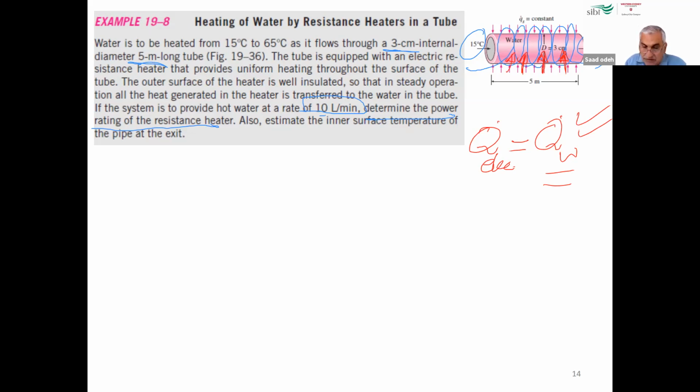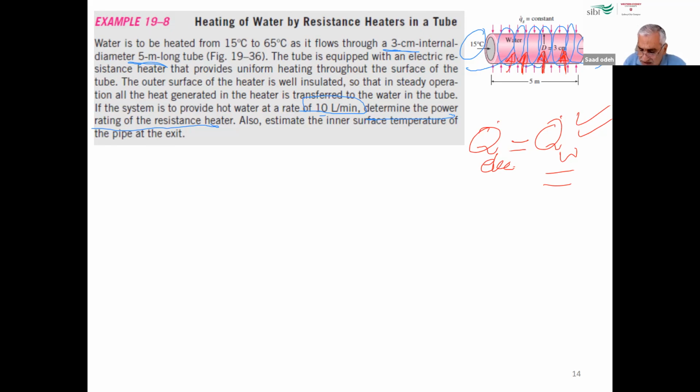Okay. So now to start solving the problem, first of all, this is internal flow. So it's a forced convection, internal forced convection case. Because it's internal convection, we need to ask ourselves, is it a constant heat flux or a constant surface temperature case?